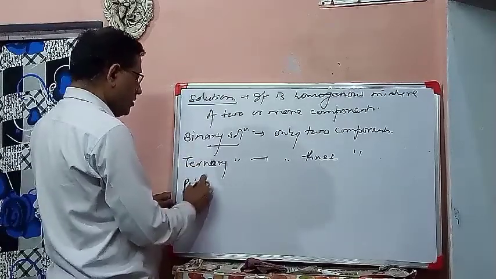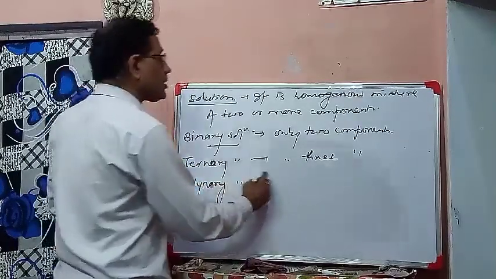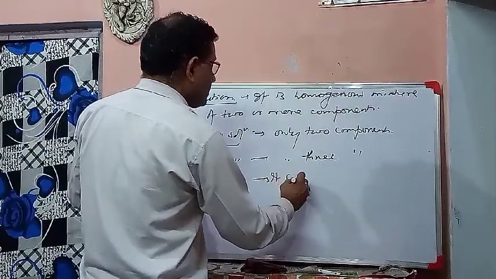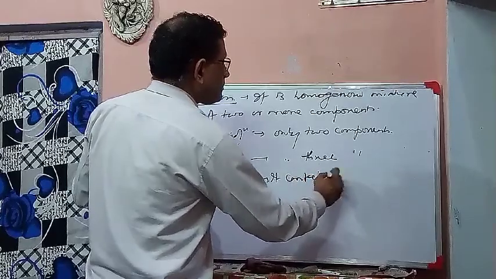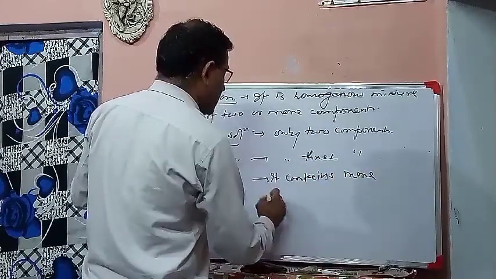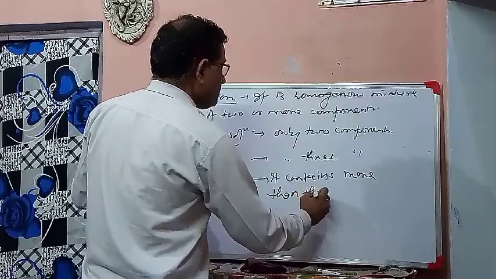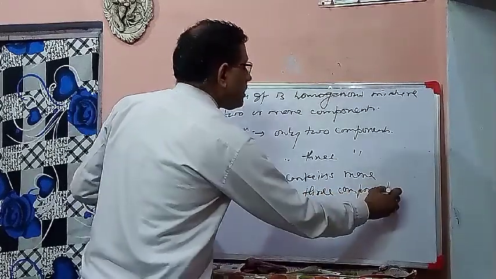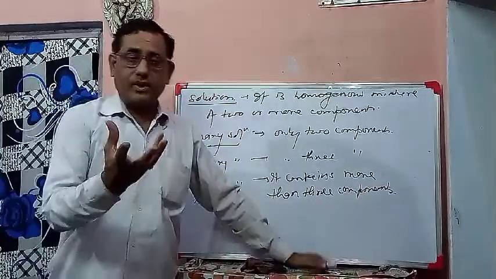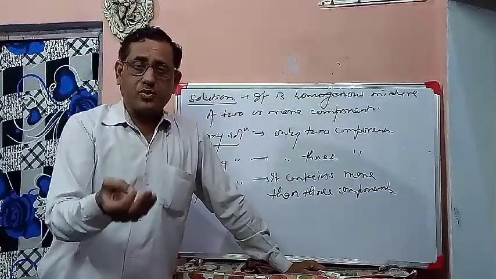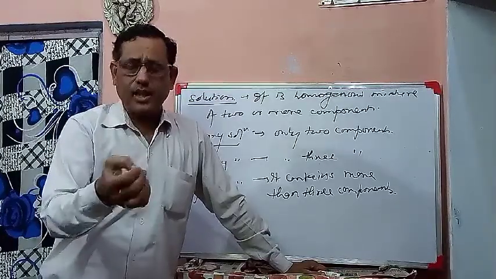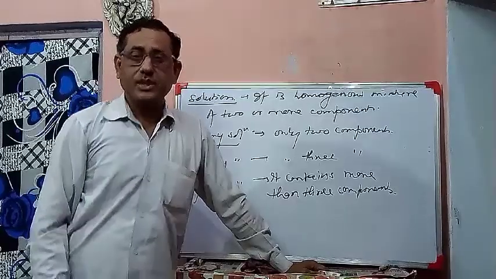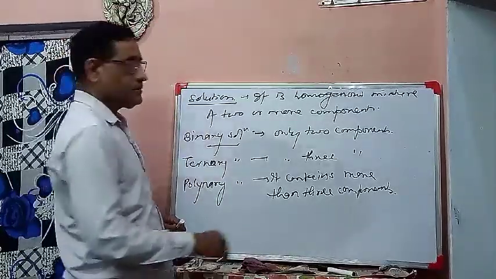In the same way, the polynary solution contains more than three components. For example, you take one glass of water, you add one spoon of sugar and a little quantity of salt and some quantity of lemon juice. There become four components. This solution is called a polynary solution.